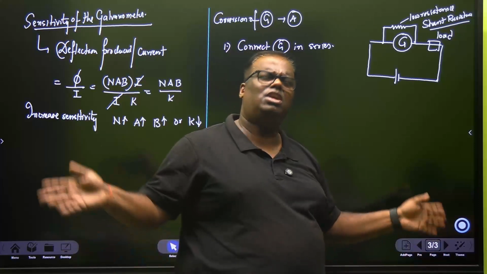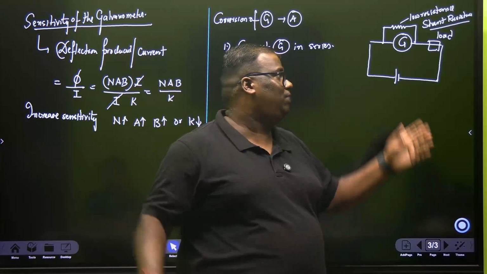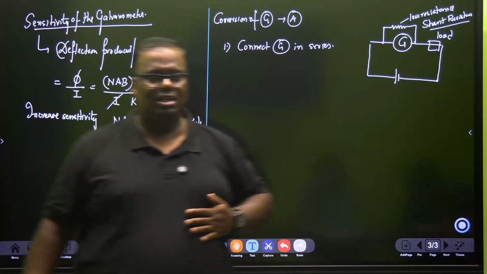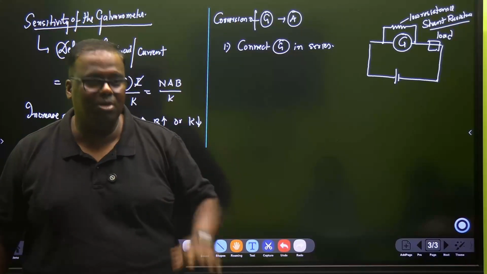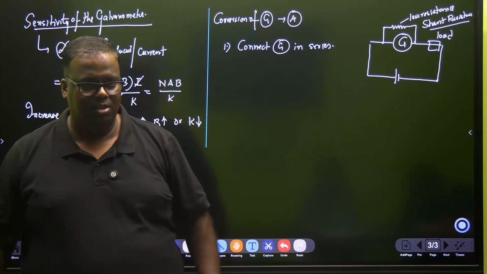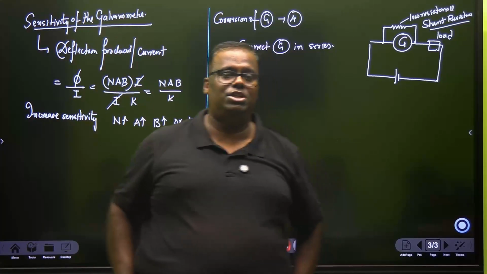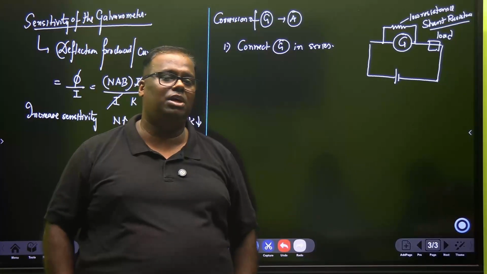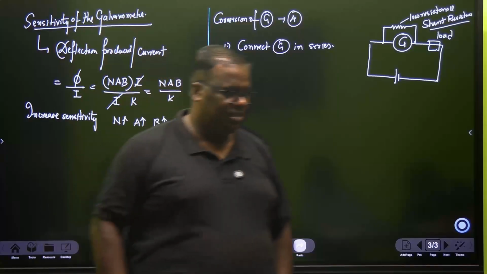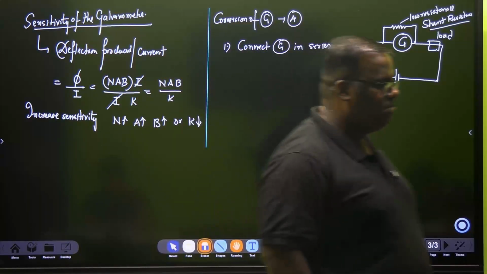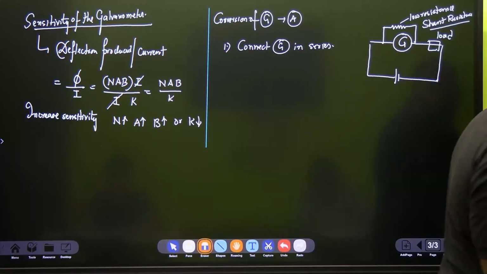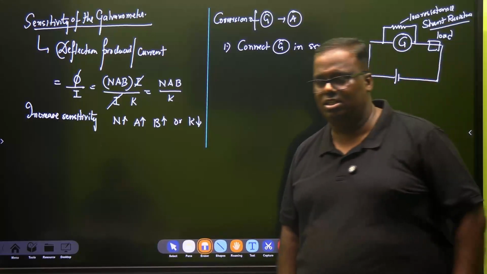The shunt is almost like a wire, and very little current will flow through the galvanometer, thereby keeping my galvanometer safe. Right? So first, we do not connect a galvanometer to measure high current, because a high current will burn the coil. And second, we use a low resistance in parallel with a galvanometer, and the low resistance is called a shunt.